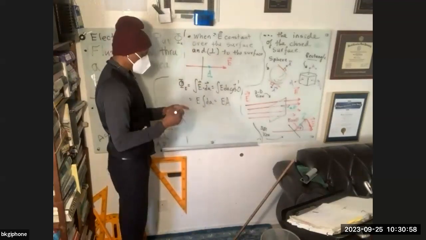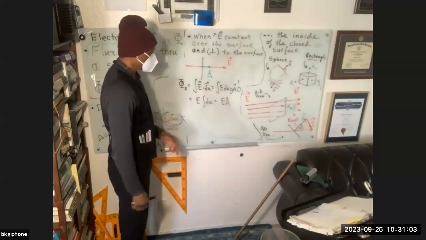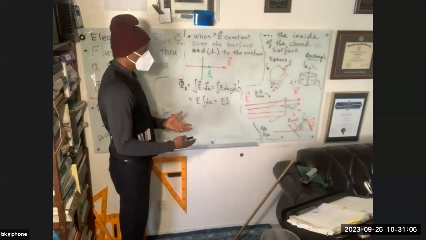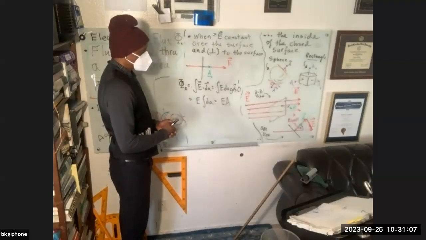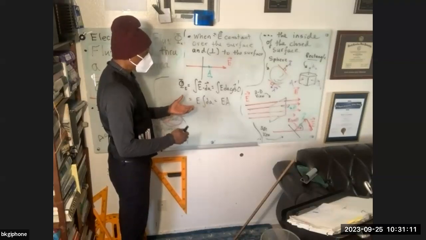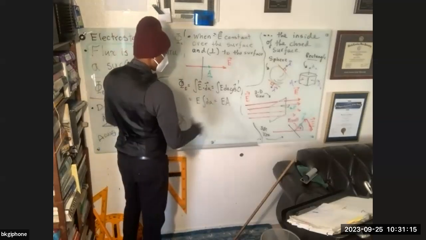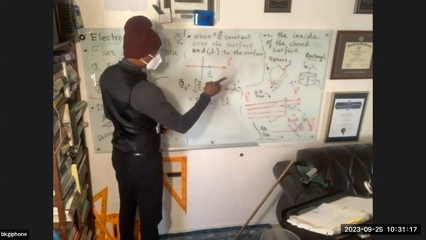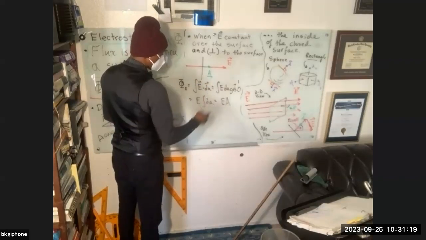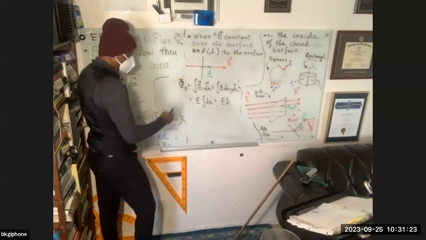Whatever the geometrical figure is, if it's a rectangle, then it's going to be length times width. If it's a square, it's going to be length squared. If it's a sphere, 4 pi, whatever it is, the flux would just be E times A for a flat surface. Well, for a sphere, actually, excuse me, I meant for a circle. For a sphere, we have to consider something else in a minute.